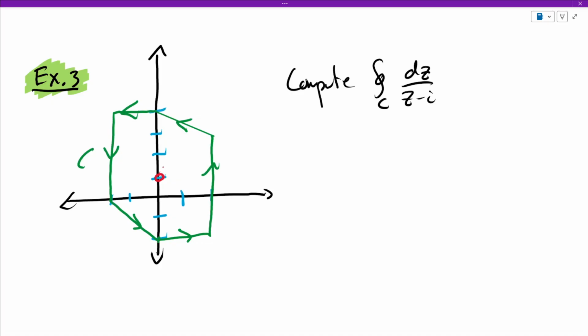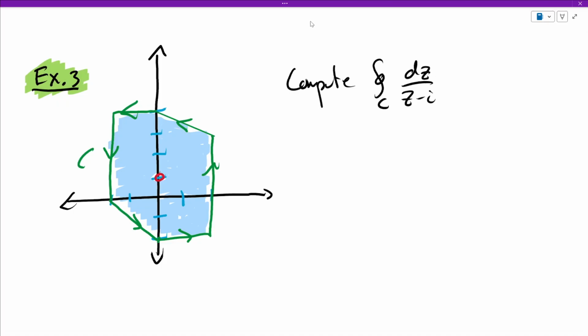It's interior. So the domain of our function is actually everywhere except for i. So if we were to try to apply the Cauchy-Goursat theorem, we wouldn't be able to because our domain is not simply connected as a whole.